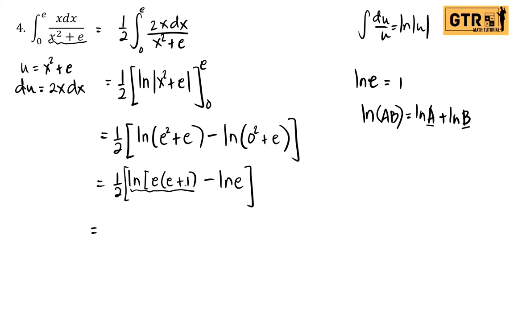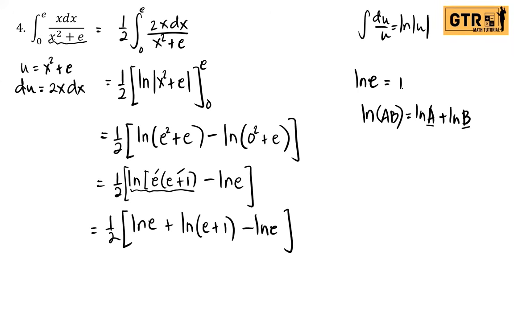So if we simplify this, it will be equal to 1/2 times ln of the product e, and the second factor is e plus 1. So we have ln e plus ln of e plus 1 minus ln e.